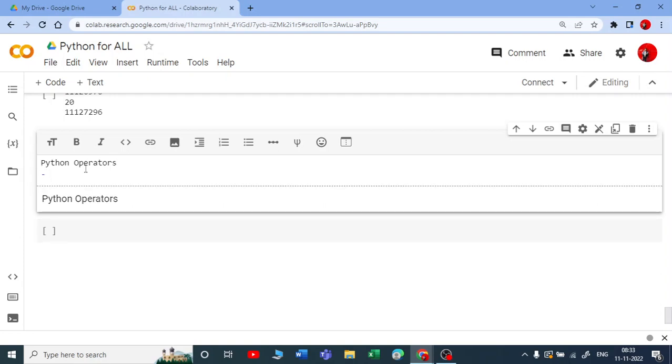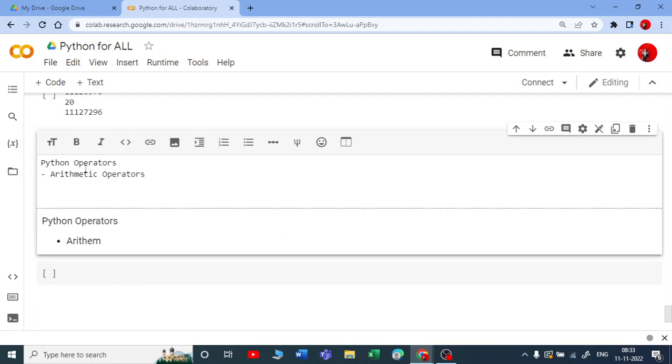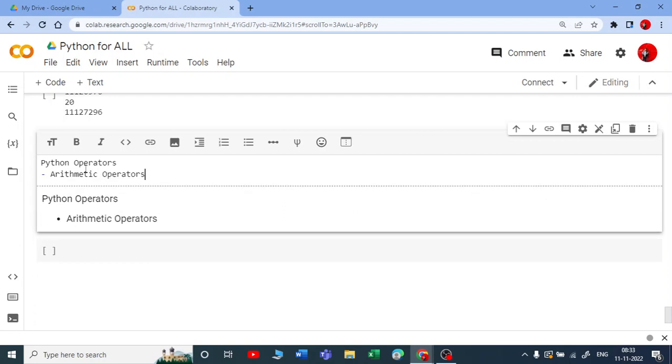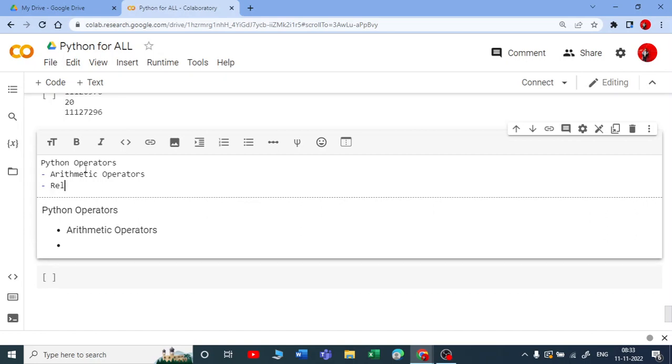So first operator is the arithmetic operator, and what is in the arithmetic operator, we will be seeing that in detail, not to worry about that. Second, we are going to see about the comparison operator, or you can also call it relational operators.